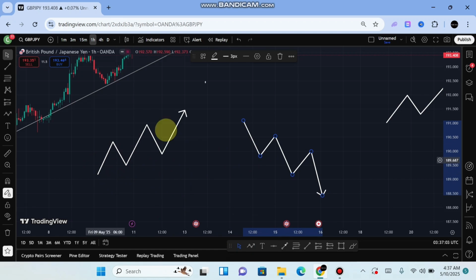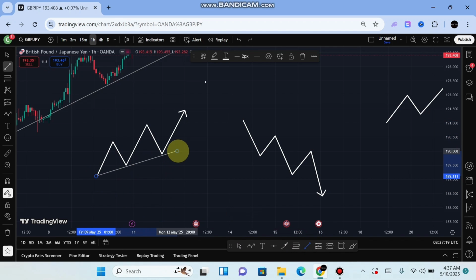In an uptrend, what you should be looking at is trend lines that act as support. If you want to draw trend lines in an uptrend or a bullish market, you draw them at the bottom of the price action, at the swing lows.